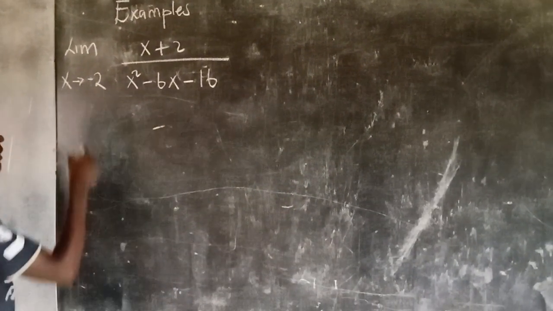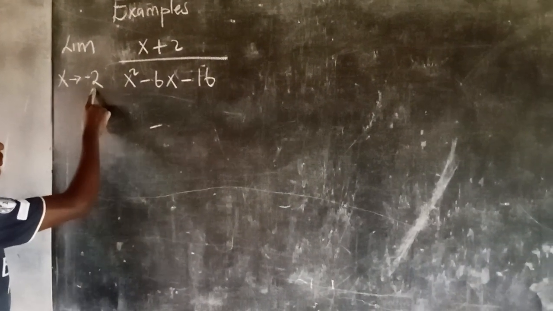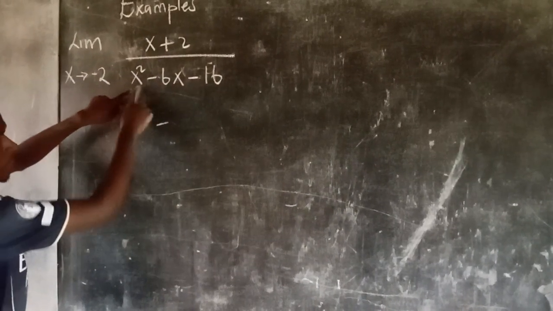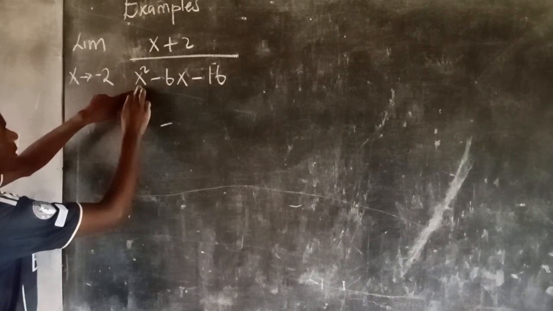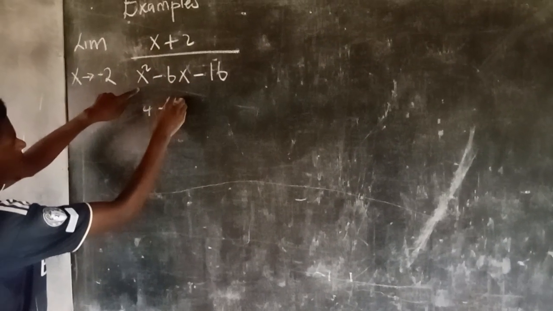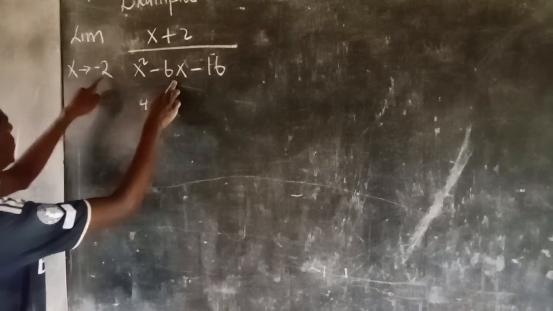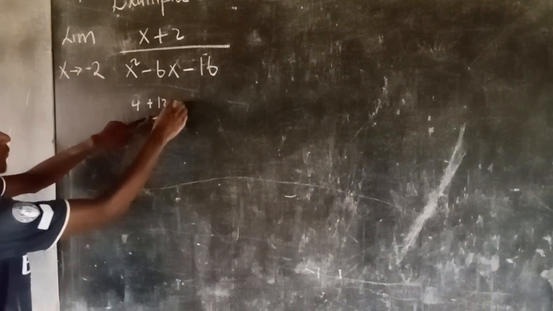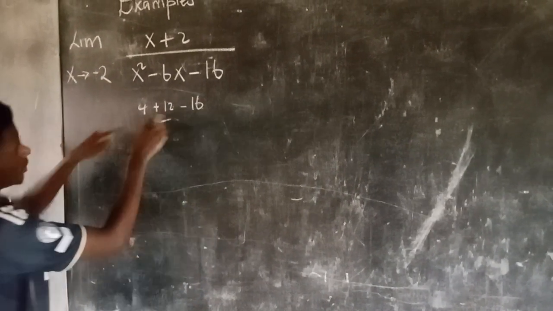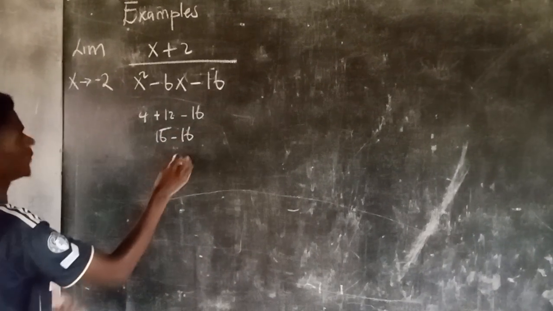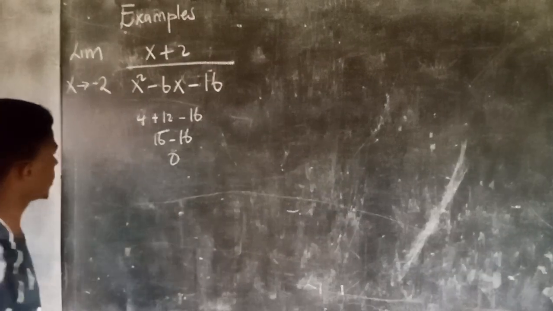If you get your x equal to negative 2, you substitute where there is x, you're going to get negative 2 squared, which is a 4, minus negative 6 multiplied by negative 2, you get positive 12, minus 16. So what you have here is 16 minus 16, giving us a 0 there.